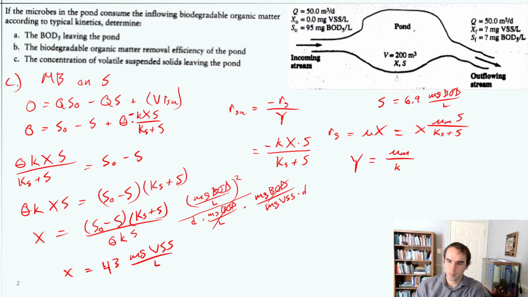Divide that by day, so the days will cancel. Then what we'll be left with is per milligram VSS on the bottom, which will come up to the top, and then we will end up with milligrams VSS per liter.